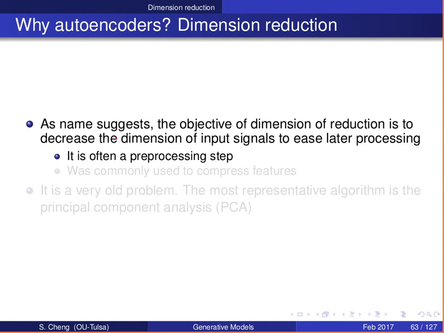This is actually one of the breakthroughs, included in the 2006 paper by Geoffrey Hinton, which showed that you can use neural networks to do much better dimension reduction than plain PCA.